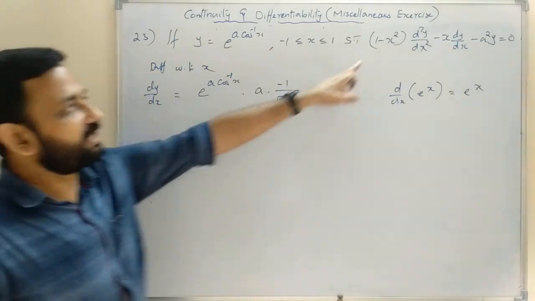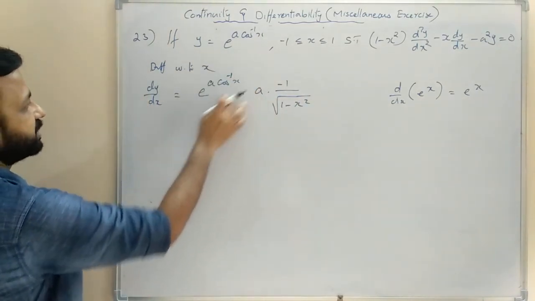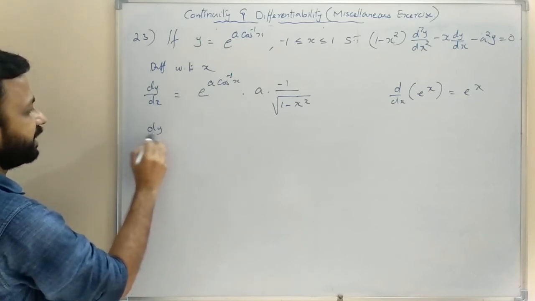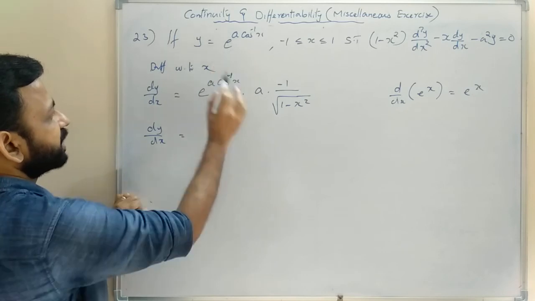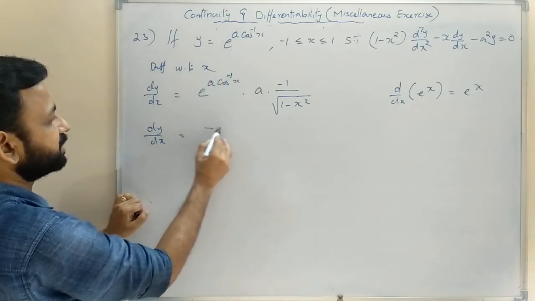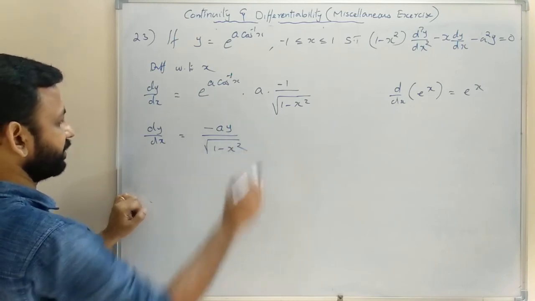We want to get that result, so we will cross multiply. Before that we can replace e raised to a cos inverse x by y. That is dy by dx equal to minus ay upon under root 1 minus x square.